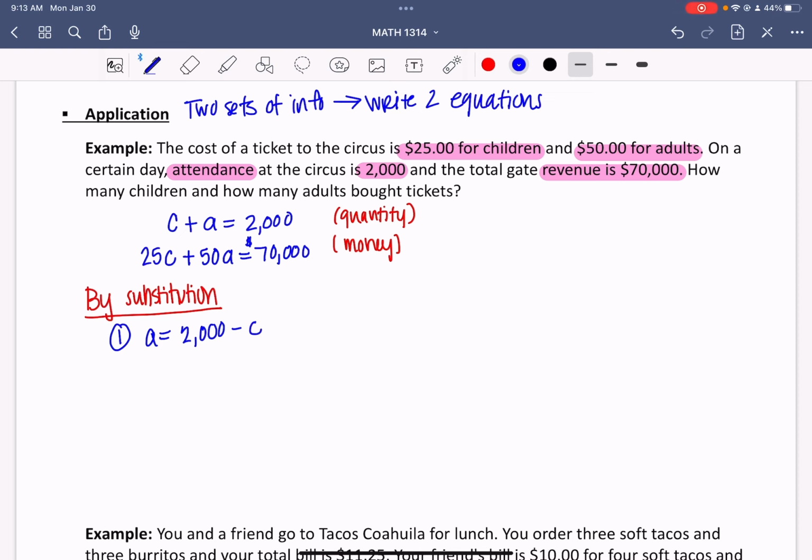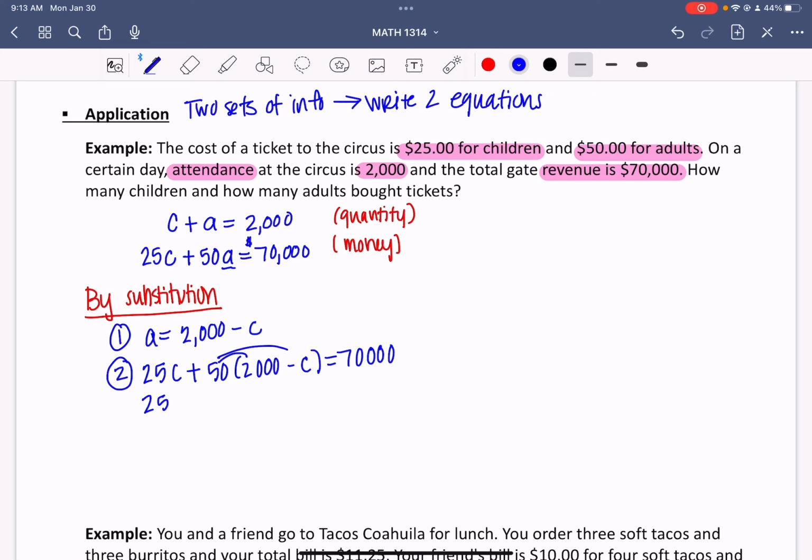Step two of substitution is to plug that into the other equation. So I'm going to plug it into the second equation for this A. It gives me 25C plus 50 times 2,000 minus C equal to 70,000. Once I have substituted it back in, I can now just distribute and solve.